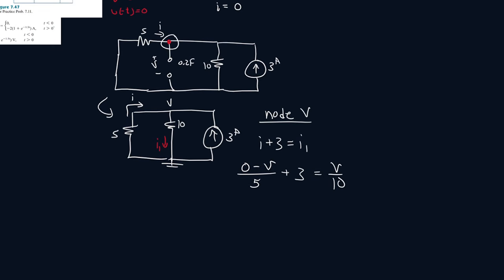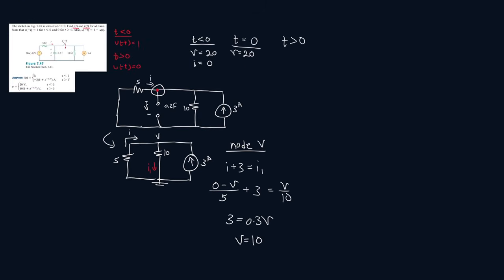So let's solve for V. So it'll be 3 equals V over 10, and bring the minus V over 5 to the other side, so it'll be V over 10 plus V over 5, which is 0.3 V, and that makes V to be 10.